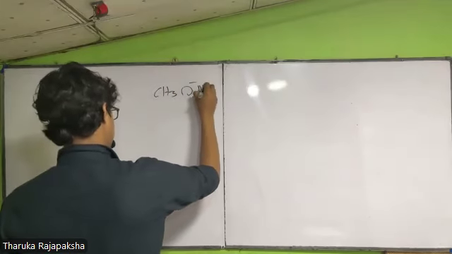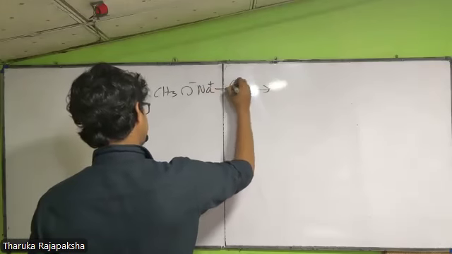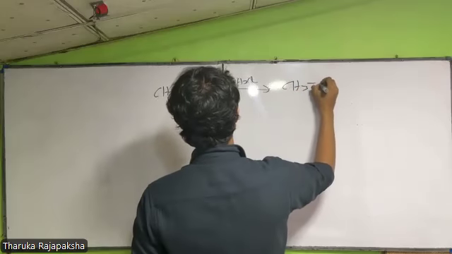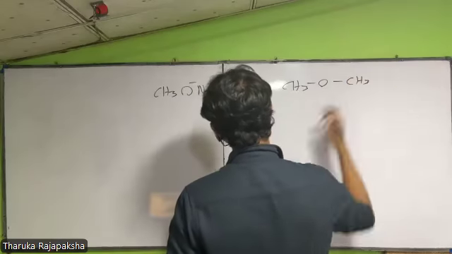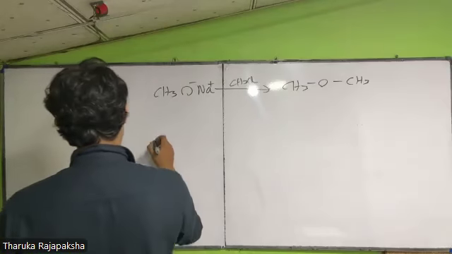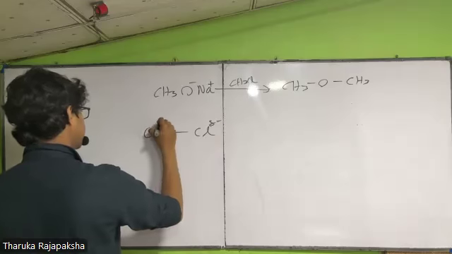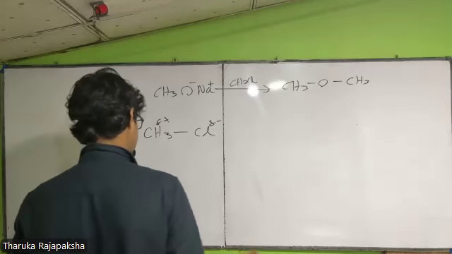CH3ONa reacting with CH3Cl. This reaction is what you're going to learn: formation of ether. What's going to happen is CH3Cl will get a negative charge on chlorine and a positive charge on carbon.